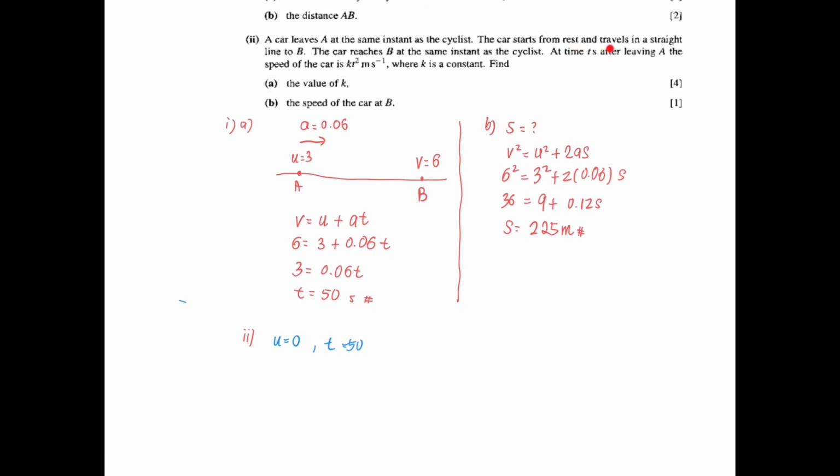So we continue the question. At time t seconds after leaving A, the speed of the car is kt squared meters per second. They give you a function in t, so we have to put it in this standard way: v equal to kt squared. Here you have to involve some integration or differentiation of this to find out displacement or acceleration.